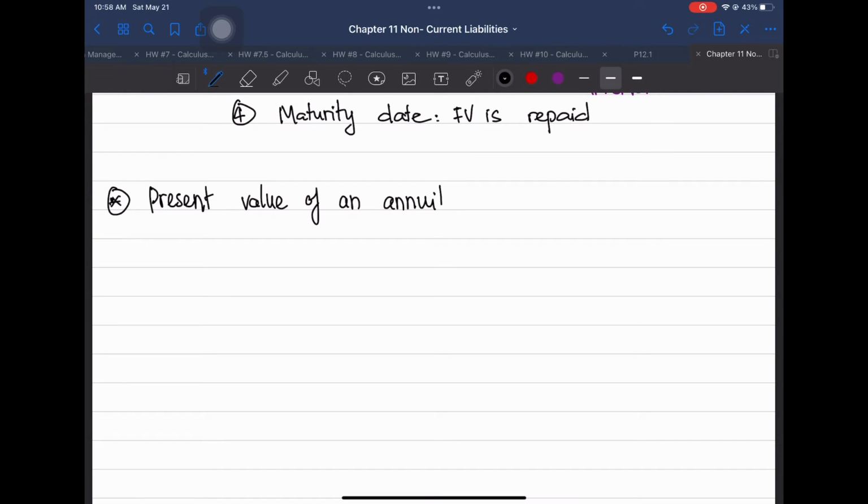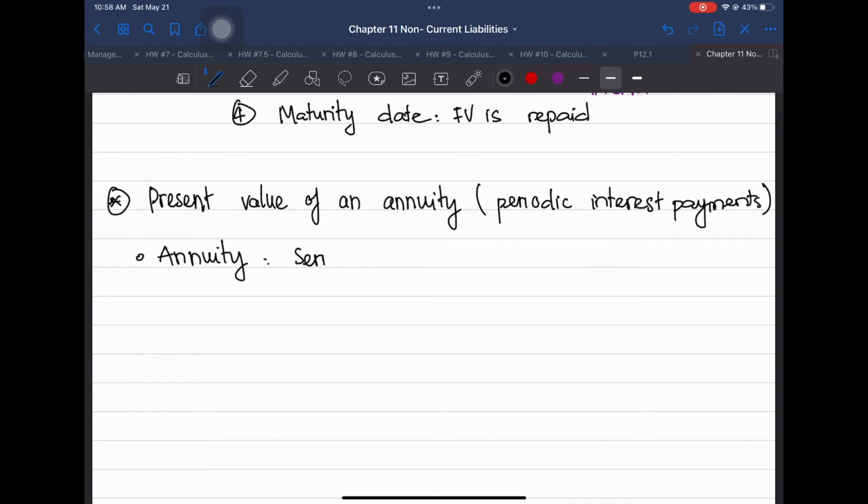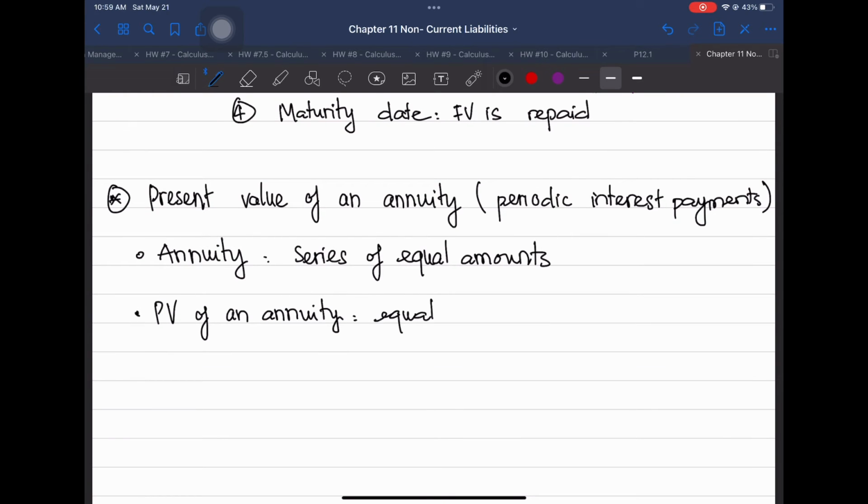So for the present value of an annuity, an annuity is a series of equal amounts to be received or paid at the end of equal time intervals, and the present value of an annuity is the value today of a series of equally spaced, equal amount payments to be made or received in the future given a specific interest rate.